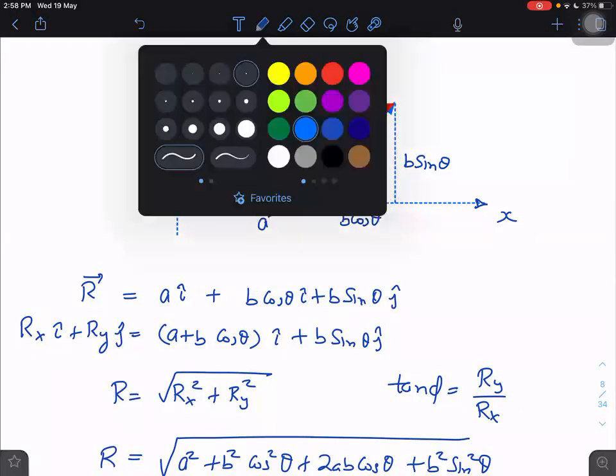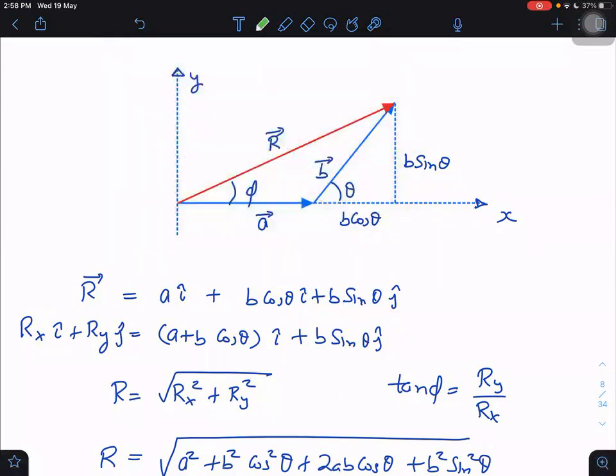Here what I'm doing, I'm splitting B into parts. One part along the x-axis and the other part along the y-axis. Splitting into parts means taking components. I'm splitting it into two parts.